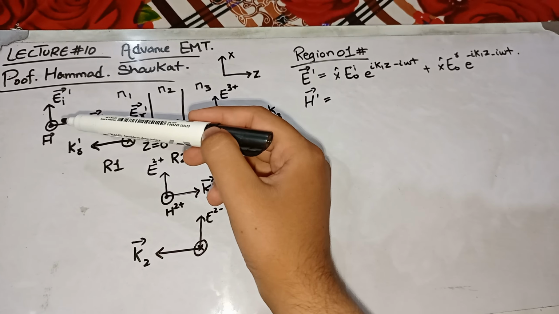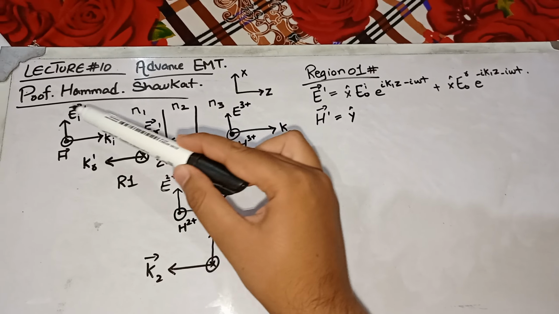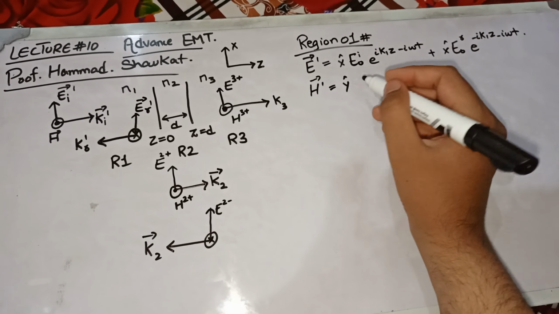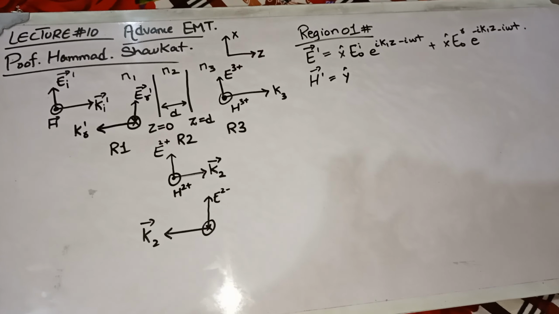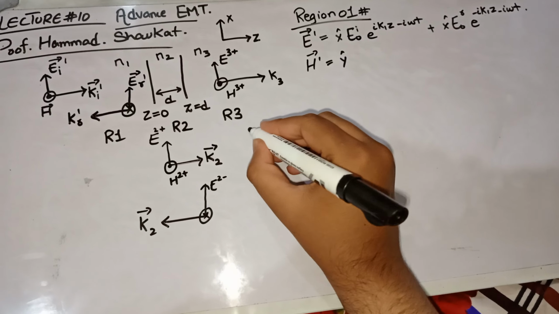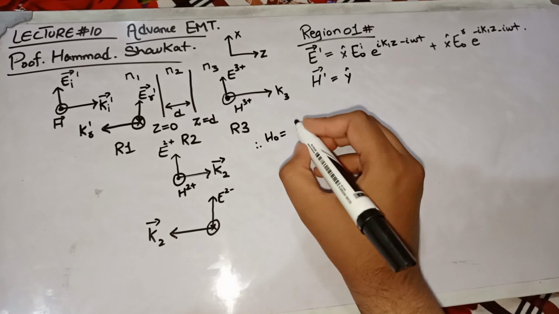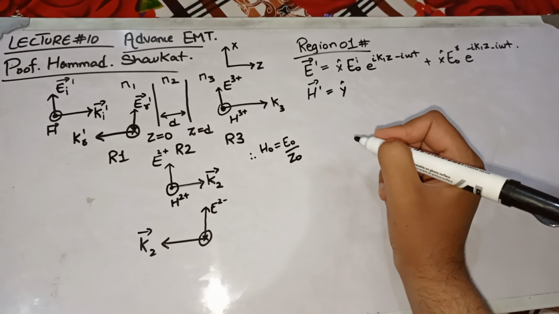Out of the page is the positive direction, and k is in the z direction, electric field in the x direction. So the magnetic field H is definitely in the y direction, the positive y direction. Now you have to write the amplitude, because you know that H naught is equal to E naught divided by Z naught.